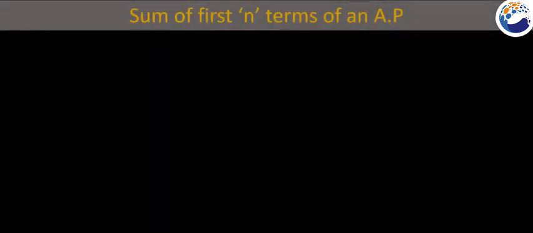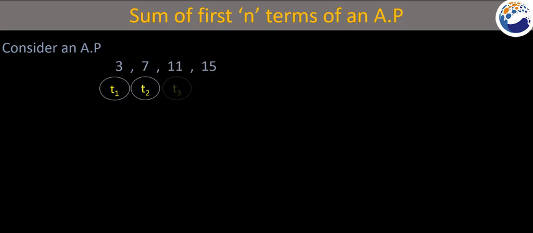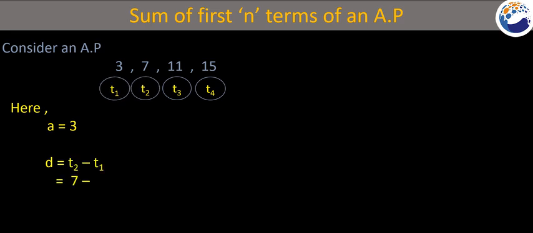Let us consider the last example. 3, 7, 11, 15. There are 4 terms T1, T2, T3 and T4. Here a is equal to 3, d is equal to T2 minus T1, which is 7 minus 3, equal to 4. And n is equal to number of terms, which is 4.